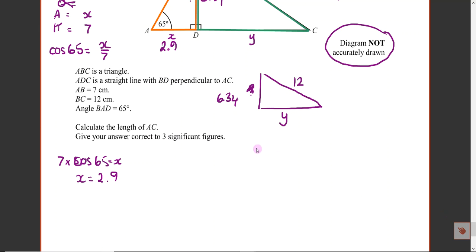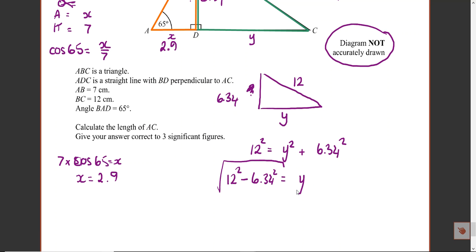So I write out Pythagoras' theorem: 12 squared equals y squared plus 6.34 squared. So I rearrange, minus 6.34 squared, and I take the square root of that, which gives me y. I think I end up with something like 10.2.